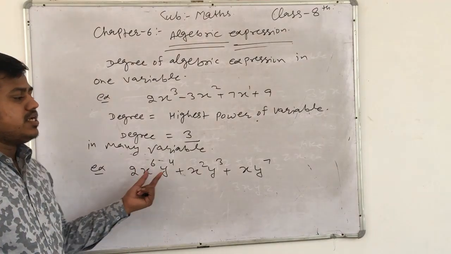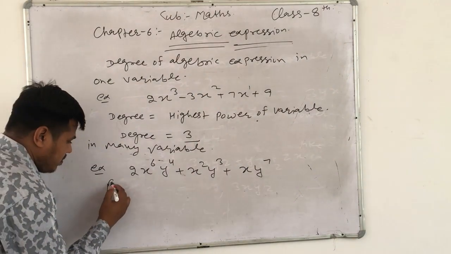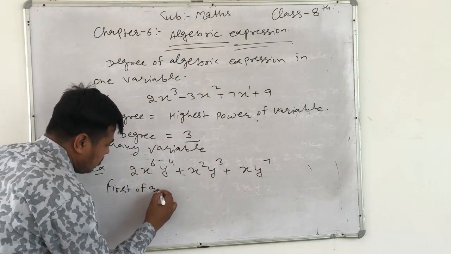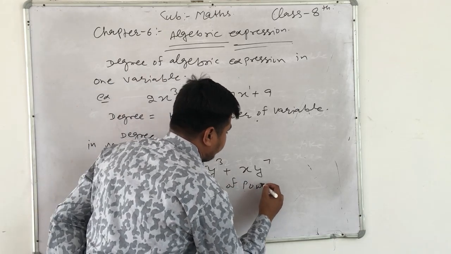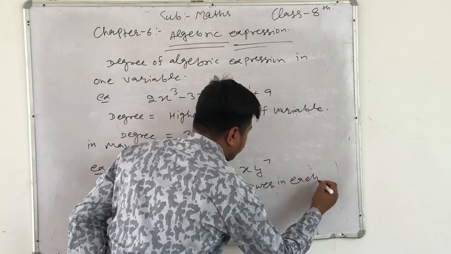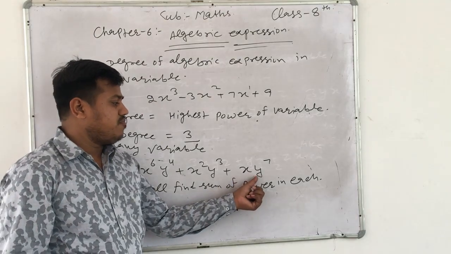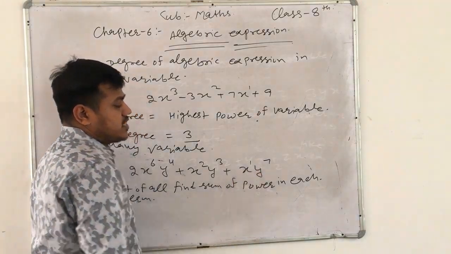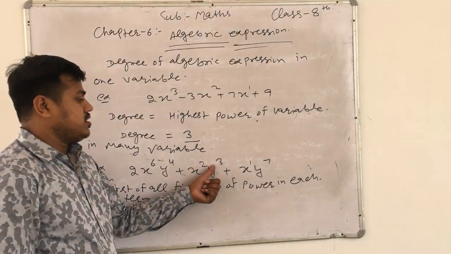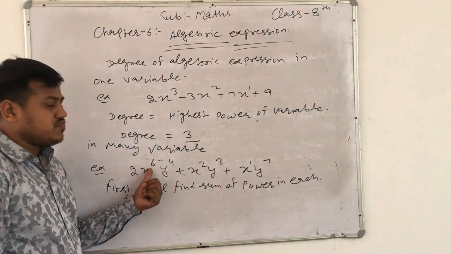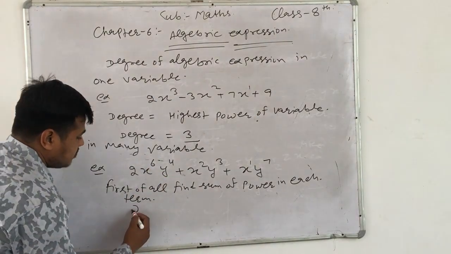First of all, find the sum of power in each term. Here the sum of power is y power 7, x power 1. The total power is 7 plus 1, 8. Here 3 plus 2, 5. 6 plus 4, 10. So the maximum power is 10. So the degree is 10.